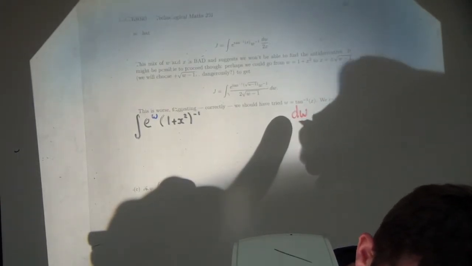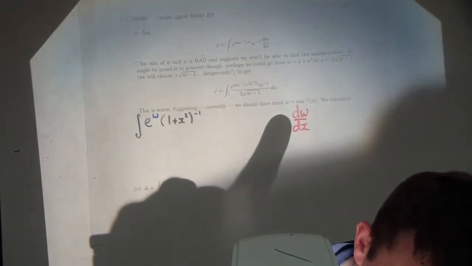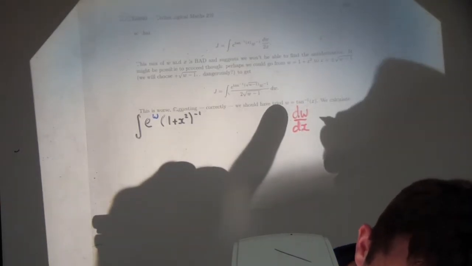So what we want is we want the dx to be in terms of dw. So the question is, how do you get a relationship between dw and dx? Differentiate. So we'll differentiate this. You go into the tables and the derivative of inverse tan is in there.